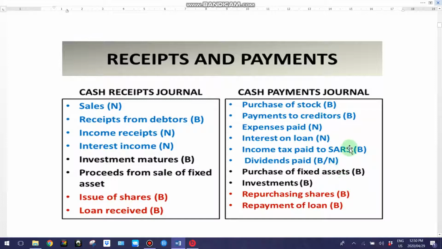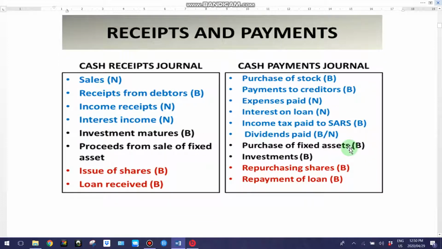So what I did here is to put them in colors just to assist with how we can categorize them into the different sections. Exploring the cash receipts journal, we know the biggest source of cash coming into the business will come through sales. And I've also put in a folio reference, the N here, saying that it is a nominal account. The B here refers to a balance sheet account.